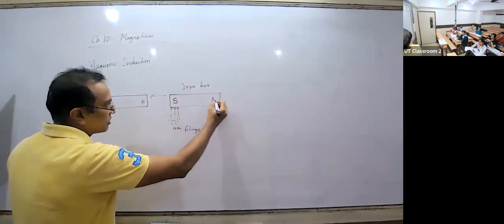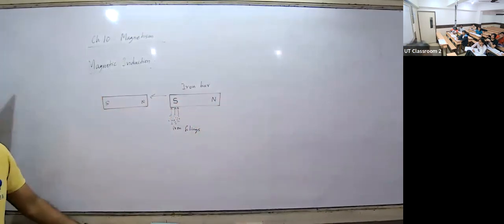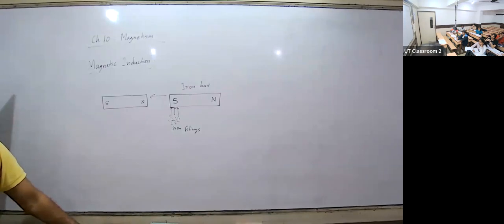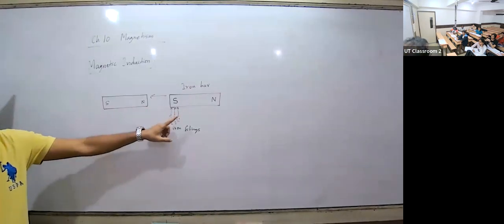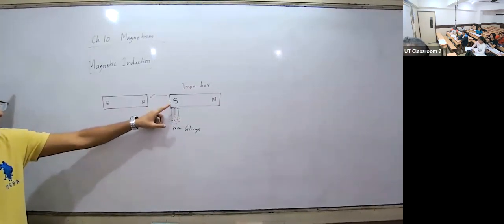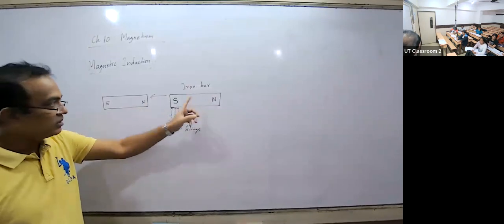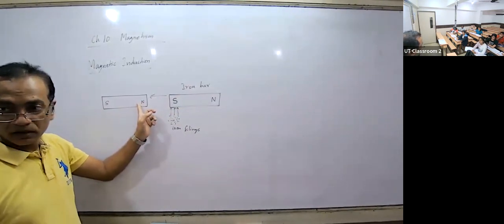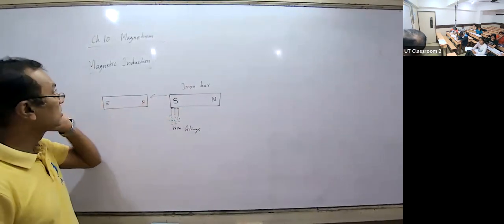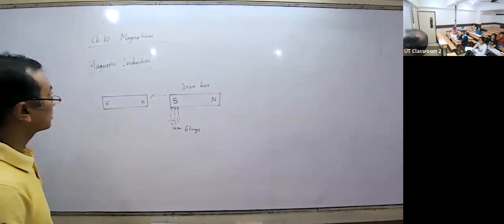And this end must have become north pole. Okay? So how is the magnetism induced? This side becomes the opposite pole of this polarity. Okay? And this end is the same polarity. Okay? So this is the phenomenon of magnetic induction.